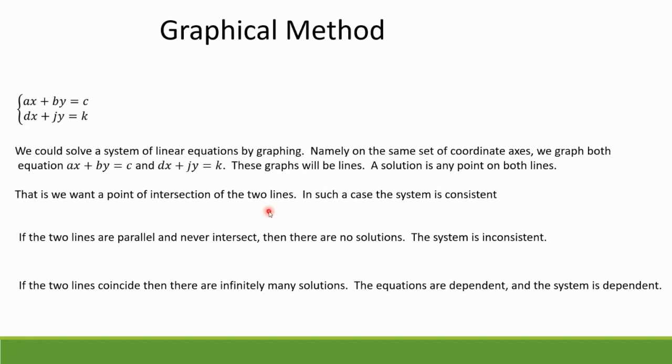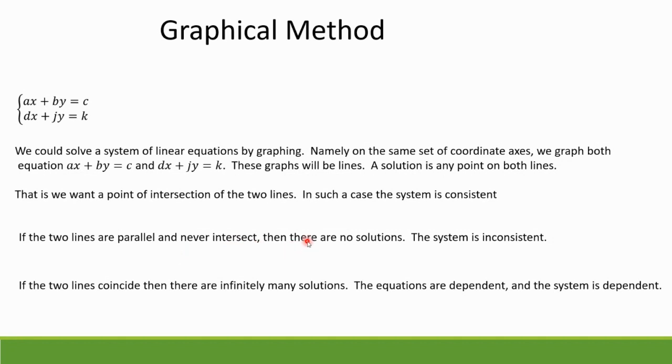What could happen though is this. If the two lines are parallel, meaning they never intersect, then there are no solutions. And then we say the system is inconsistent.